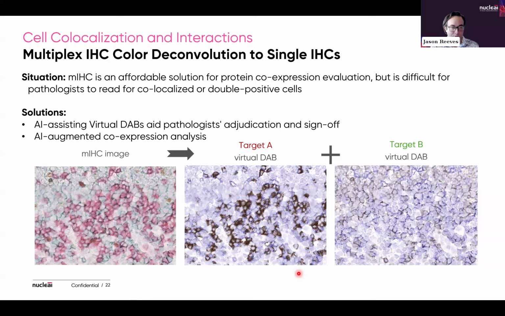But we also have models that complement this that are learned to quantify the actual co-expression of these targets and classify cells into single positive or double positive classes based on the specific cell types that are going to be present with this assay. And this isn't limited to dual chromogens. You can use this with triplex or quadplex chromogenic assays as well. We work with the sponsor to make sure that the model is tuned to the assay that's in question.